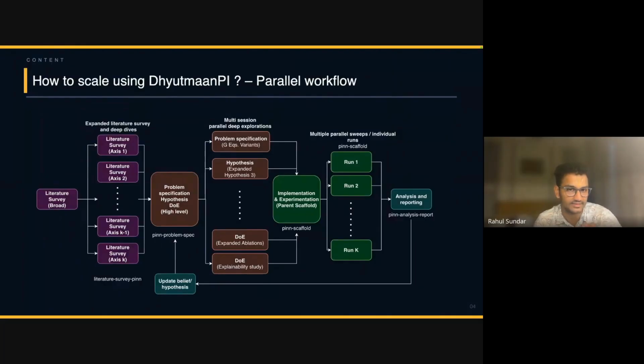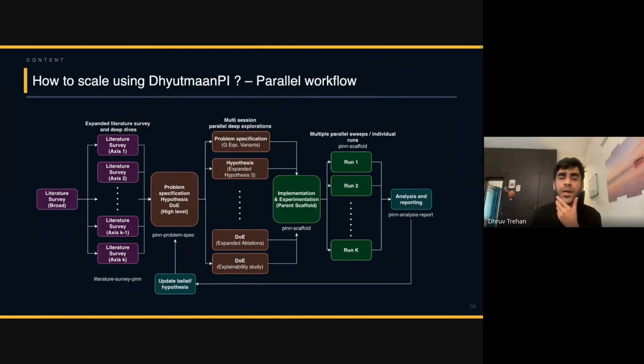Currently, the verification is on the entire loop. So starting with literature survey all the way until analysis and reporting, it knows whether the hypothesis is broken or not. After every run, there is some logging, there's some analysis, and that updates your belief or hypothesis. And even to Sachin's further question, which is asking if you have a problem, how do you ensure that the problem statement is concretely defined enough so that the model does not go off?